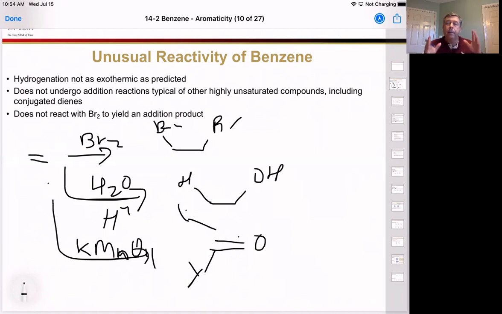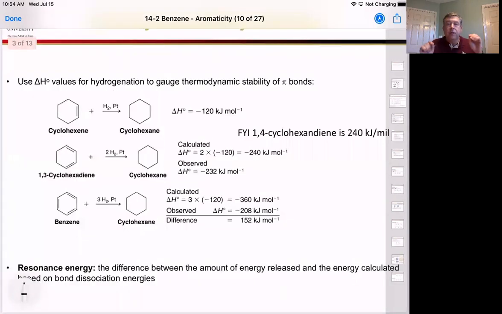Okay, so one way to measure that stability associated with benzene being aromatic is to look at the hydrogenation energy. So if we look at the values of hydrogenation of a double bond, we think of that double bond as storing energy, and when we go from that double bond to a single bond, we are releasing energy.